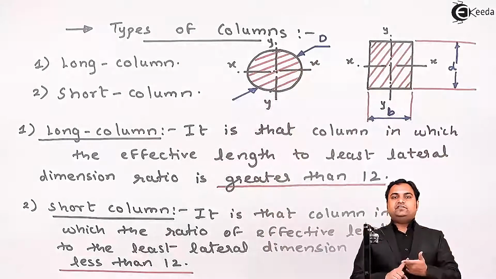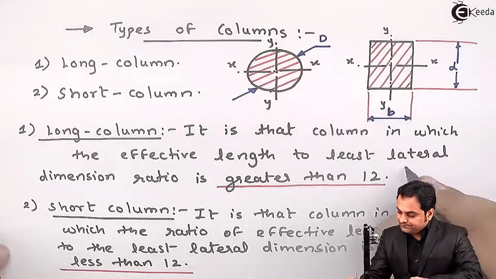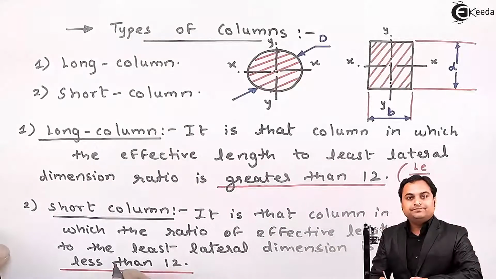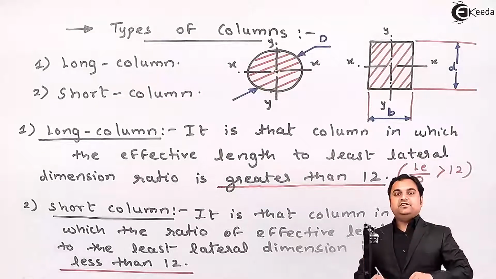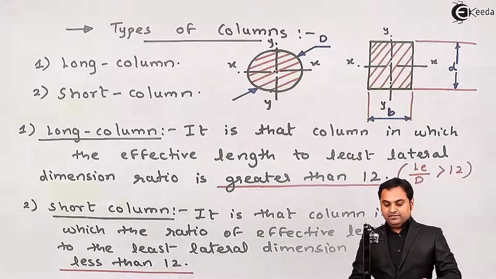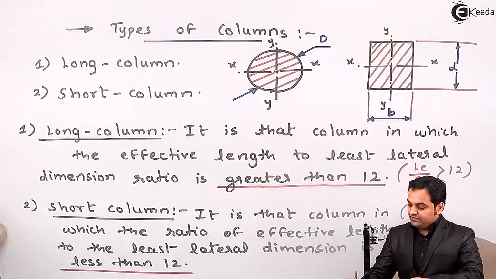If the ratio of effective length to the lateral dimension is greater than 12, then we will say that it is a long column. Similarly, for the short column, the ratio of effective length upon diameter will be less than 12.